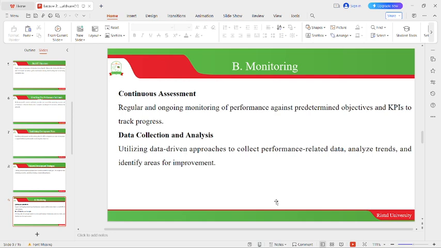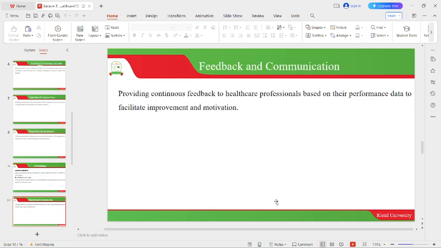Not because of the sickness, but because of your weakness of not attending to that person on time. So make sure that doctors always attend to patients on time whenever they are brought to the facility. So that's about data collection and analysis and monitoring as a part of managing performance.